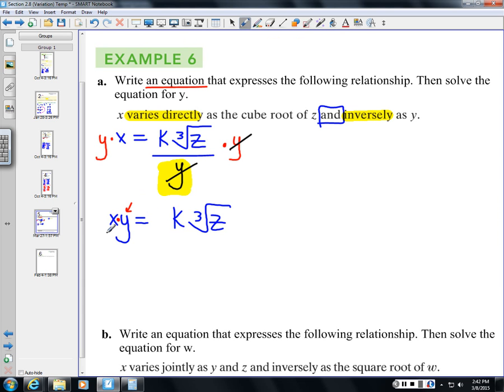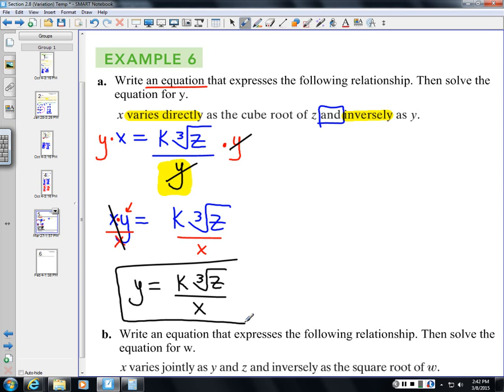Since it's being multiplied, we do the opposite, which is divide. So my x's cancel, and I'm able to get the y by itself, and it's equal to k times the cube root of z divided by x. Okay, so depending on the way it's worded, you have two parts to this. The equation was the first part. You had to set it up, which was right here, and then we had to solve.